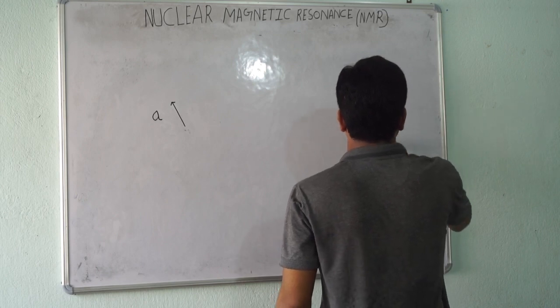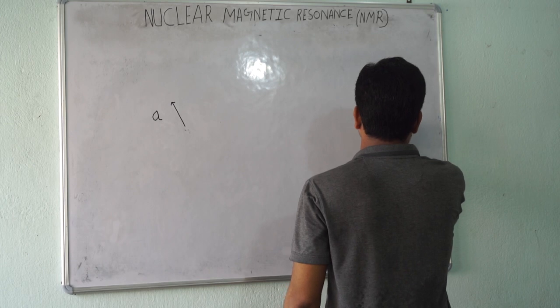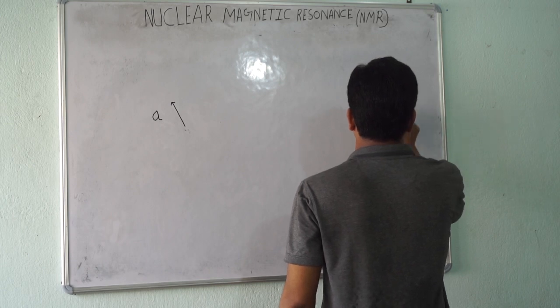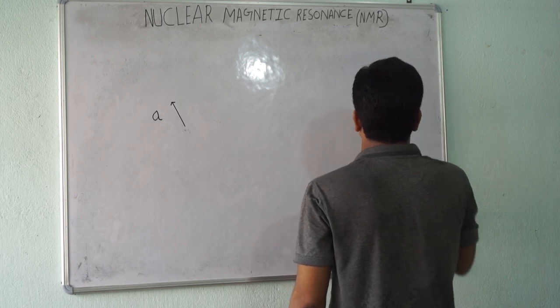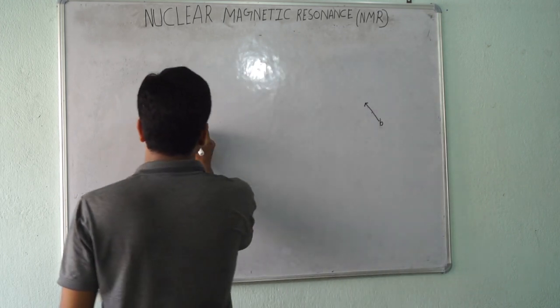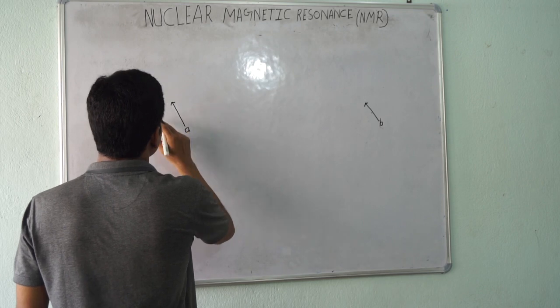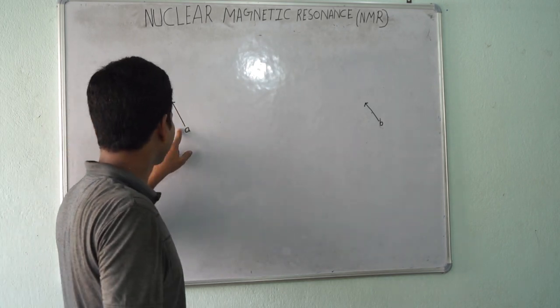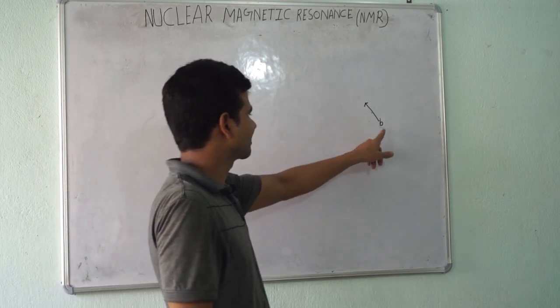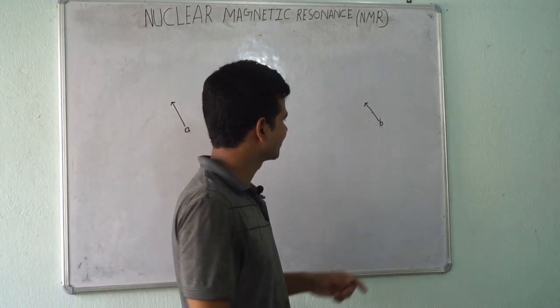This is hydrogen atom B and this is hydrogen atom A. This is the direction of the magnetic field of hydrogen atom A and this is the direction of the magnetic field of hydrogen atom B.